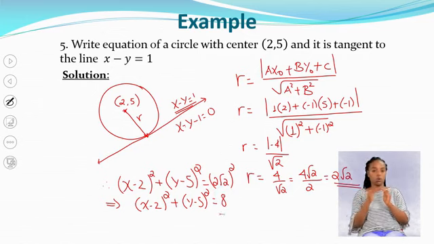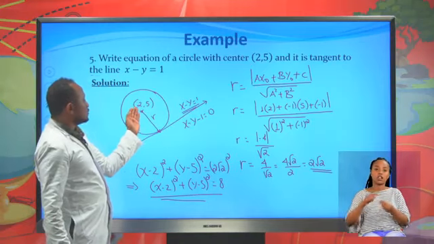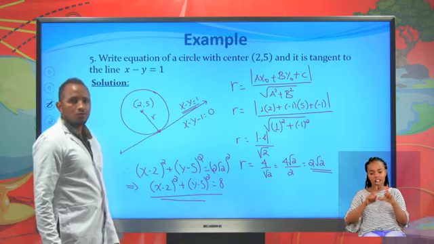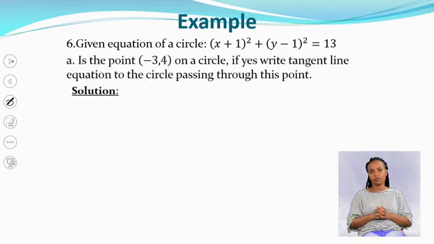Therefore, this will be the equation of the circle with center 2, 5 and tangent to the line x minus y is equal to 1. Now, let's proceed to example 6.